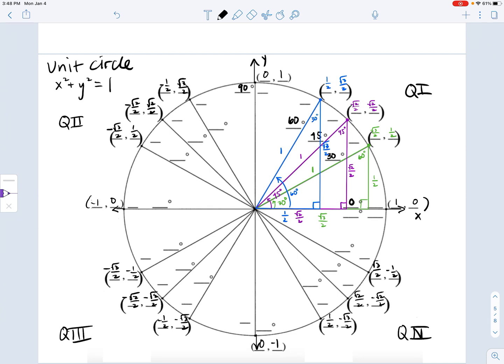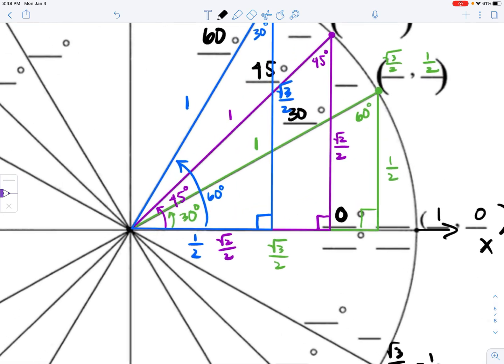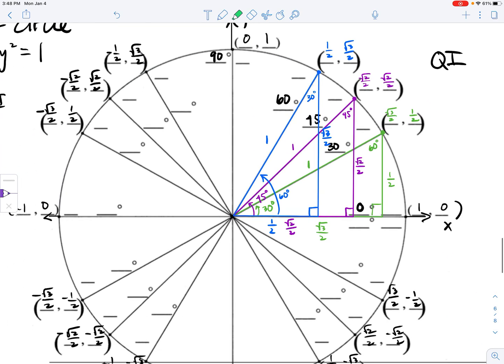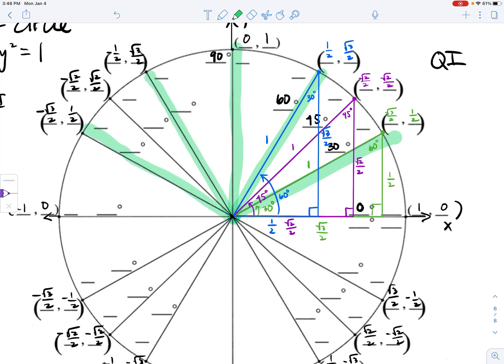Okay, we're almost done. We also need to fill in the angles. So we have the angles from quadrant 1. And if you notice, this first angle was 90 degrees. And then if you keep adding 30 degrees, we'll be able to fill in most of the other angles.